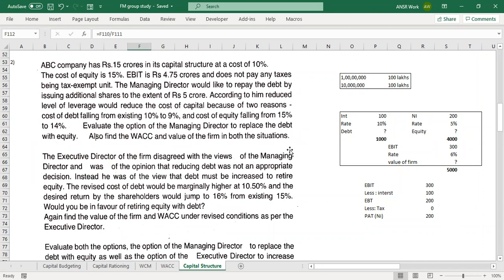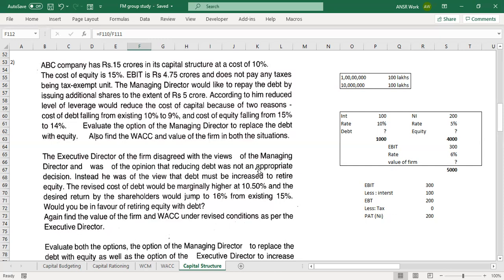Everything is there in that paragraph only. So 15 crores is the capital structure, and the cost of debt is 10%. The cost of equity is 15%. So for 15 crores, it is 15%. EBIT is rupees 4.75 crores.